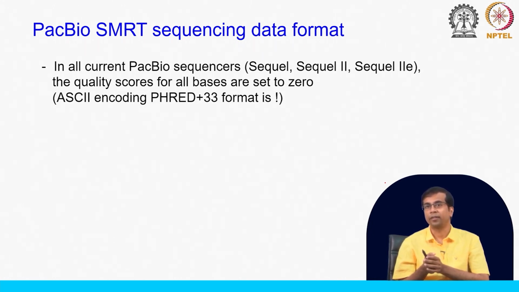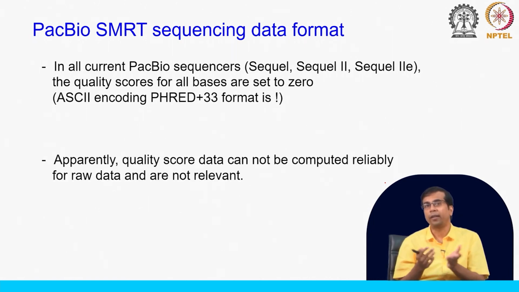So, if you download the data, you will see the quality score of all bases given as an exclamation mark. Apparently, quality score data cannot be computed reliably for raw data from SMRT and is not relevant, and what PacBio has been suggesting is that it is better to look at the sequencing data itself rather than the quality score.